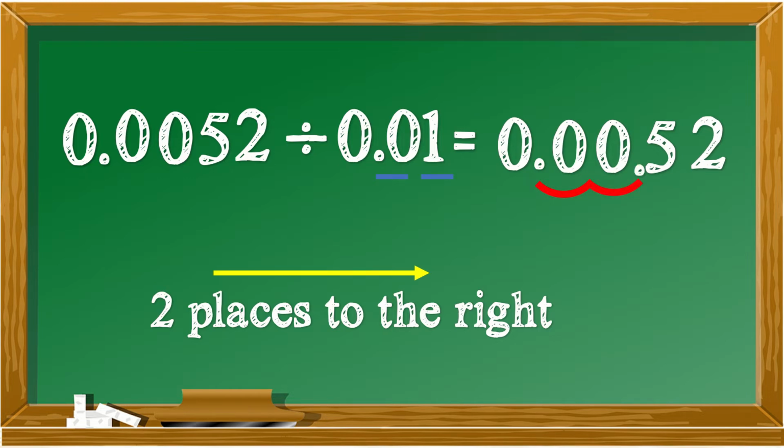Put the decimal point between 0 and 5, and then remove the previous decimal point and the 2 zeros that have no value. So we now have 52 10,000ths divided by 1/100 is 52 hundredths. Just simple, isn't it?